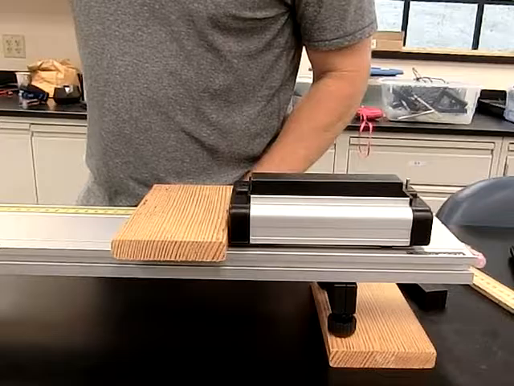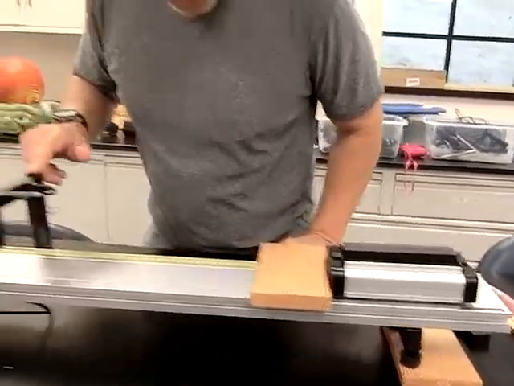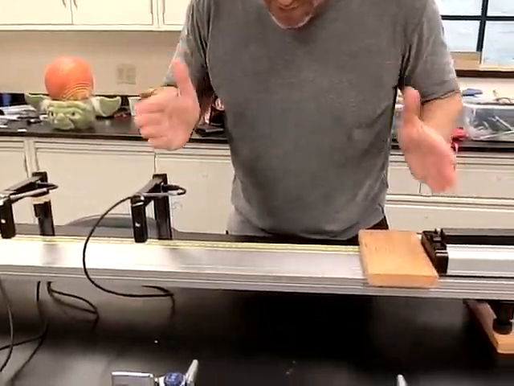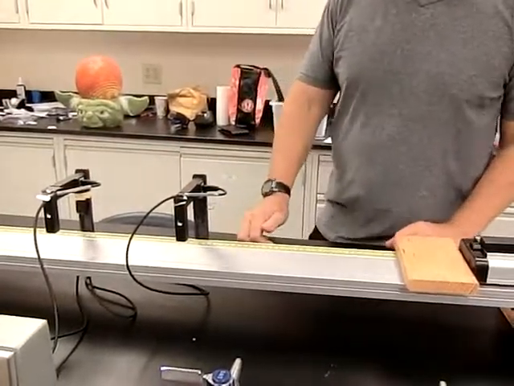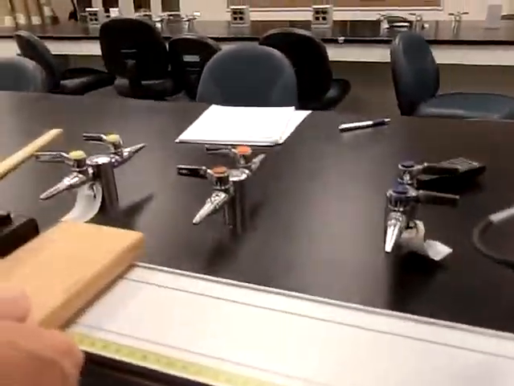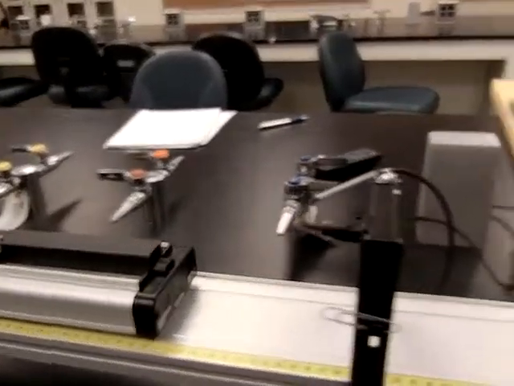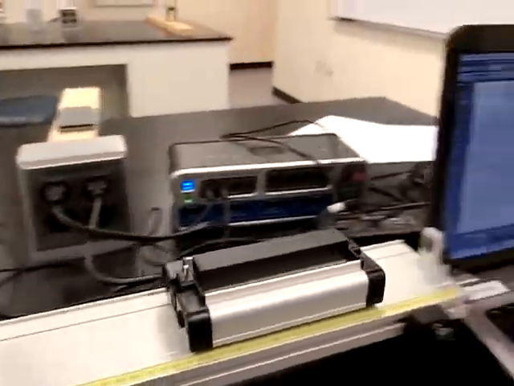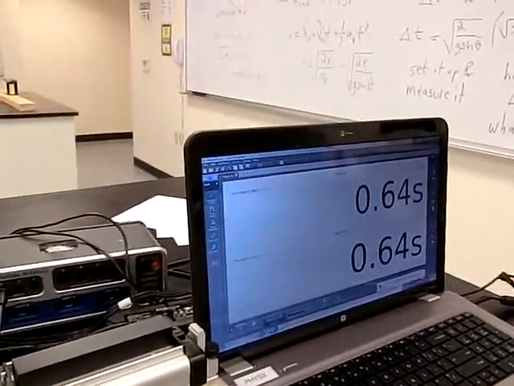So 40 centimeters means this should be at the 60 if that's at the 20. That's 40, and that guy should be at 80. So maybe you have to come around here, and we're going to do this. Oh, isn't that exciting? And we get 0.64 seconds.